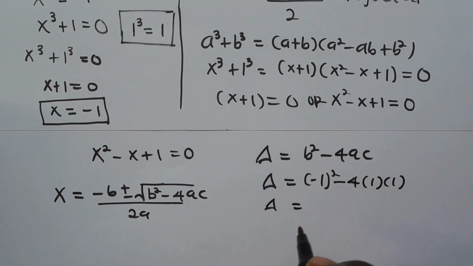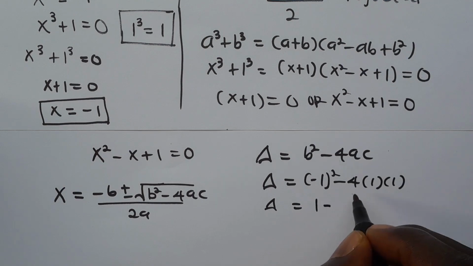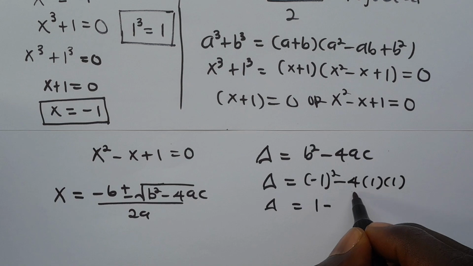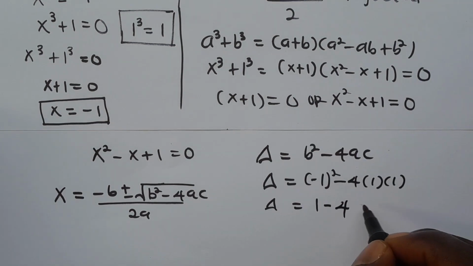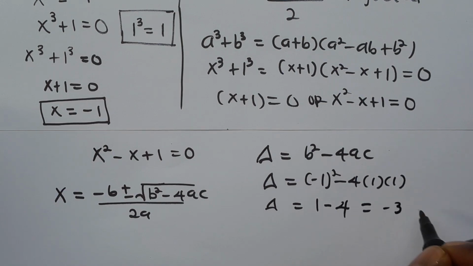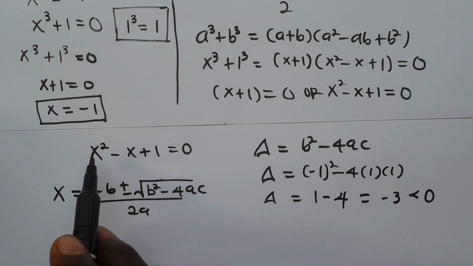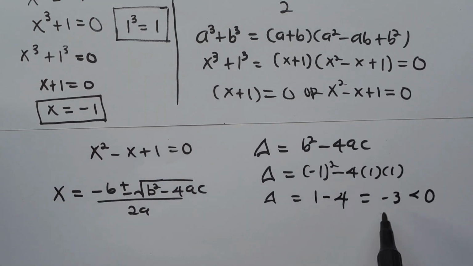So we have 1 minus 4, which will be equals minus 3. Minus 3 is less than 0, so no real solution. We're going to have a complex solution, and the complex solution is rejected.